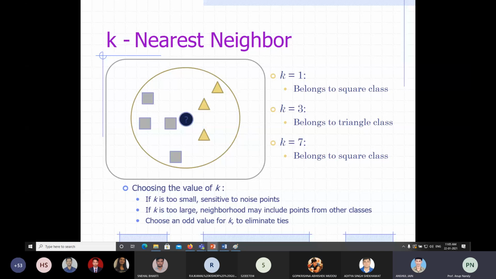Sir, even if we choose k equal to 7, and we have 3 representatives from class 1, 3 from class 2, and 1 from class 3, then also there would be a conflict, right? Yes. So sir, actually k should be more than the number of classes, no?